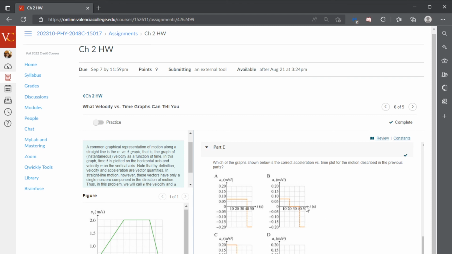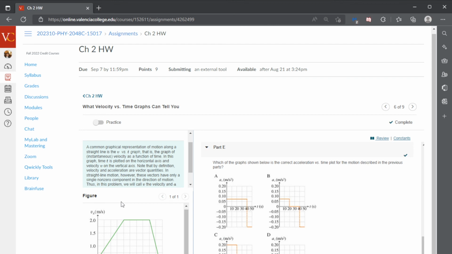Okay, so we are looking at the graph. We just need to find which one represents it, knowing that at 20 and 40 it stops and it's constant.